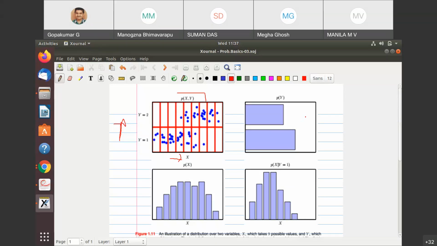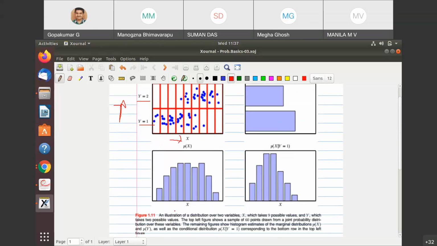Because we know that y takes two values, y is equal to 1 and y is equal to 2. So how many points are with y equal to 1, and how many points are with y equal to 2? That particular distribution represents it.